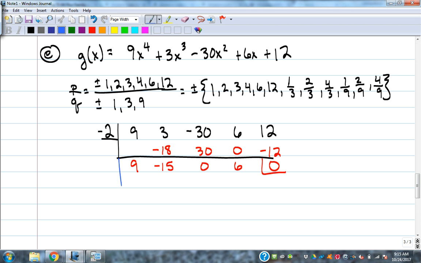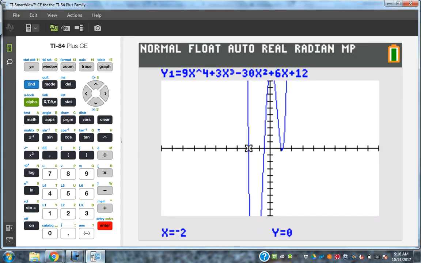So let's run synthetic with one of these other numbers. So we look back at the graph. We've already used -2. And we look at that graph and we think, okay, that looks like maybe -1/2. I want to try to avoid fractions if I can. We thought this might be +1. So I'm going to trace +1, see if it works. Trace 1.